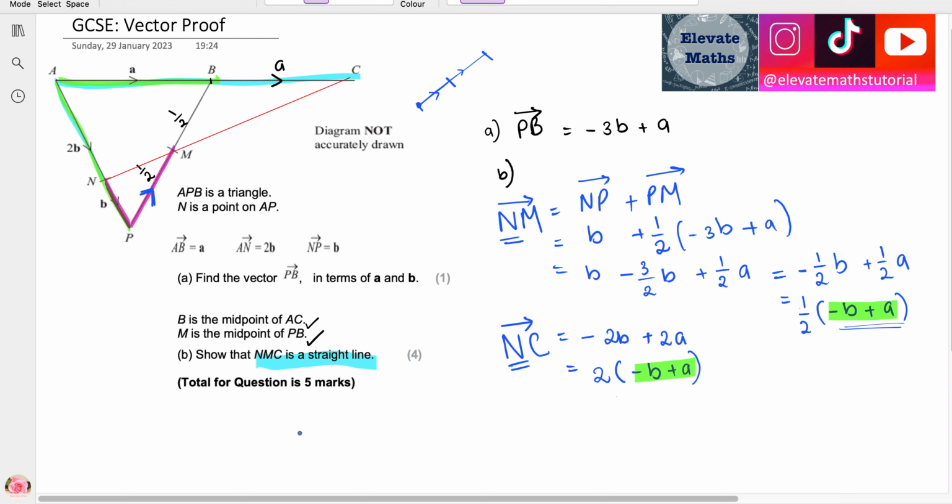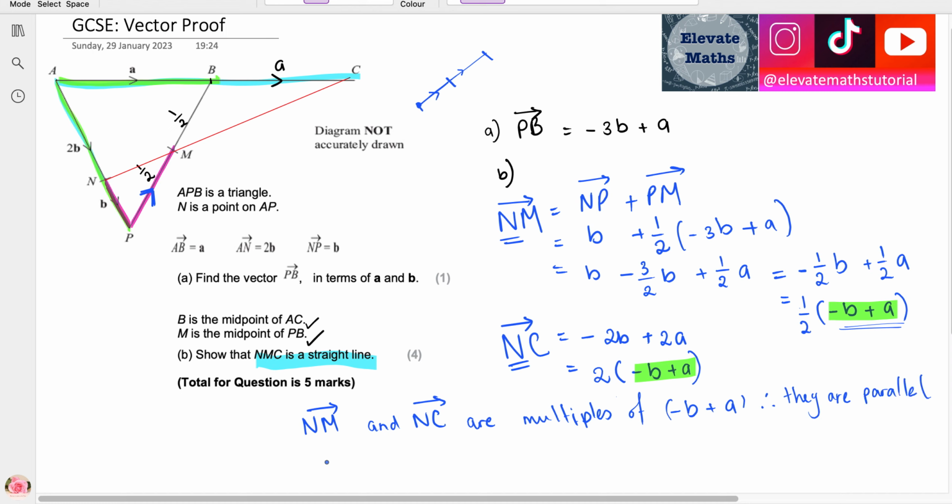You have to write a statement in the end. You're going to say that NM and NC are multiples of minus b plus a. Okay, they're both multiples of this vector, therefore they are parallel.